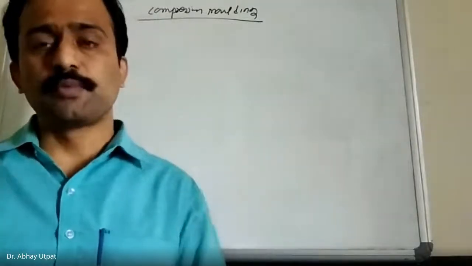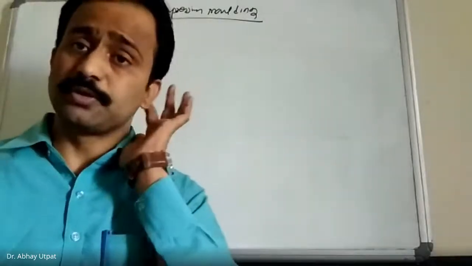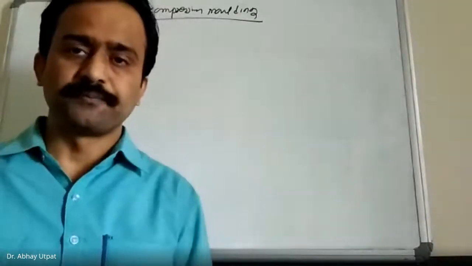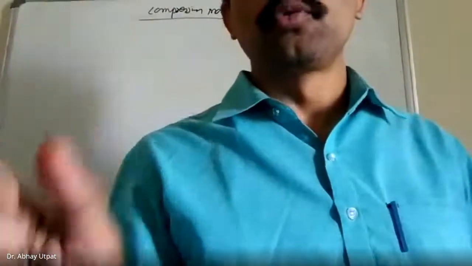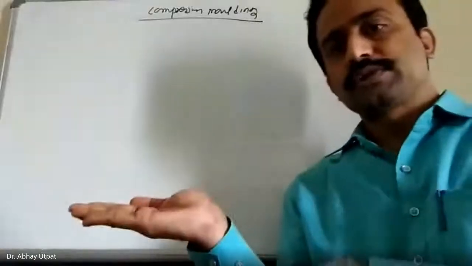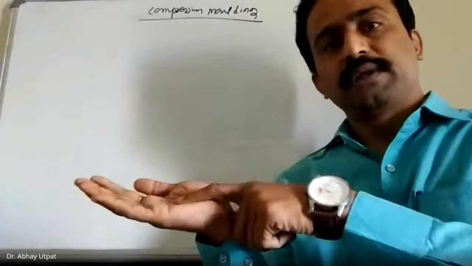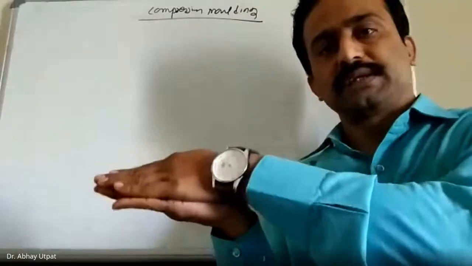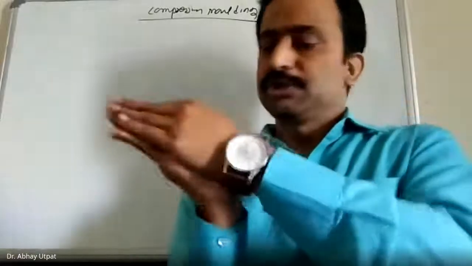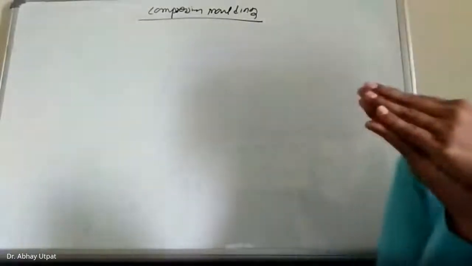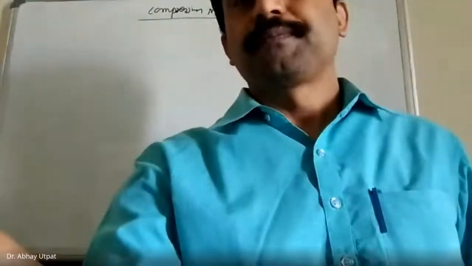So the compression molding process is like a forging operation, like the closed die forging you have seen. What was there in closed die forging? There are 2 dies, one is the lower jaw, another is the upper jaw. The material is kept in between and then you press it. The material is completely confined into the shape of the die.